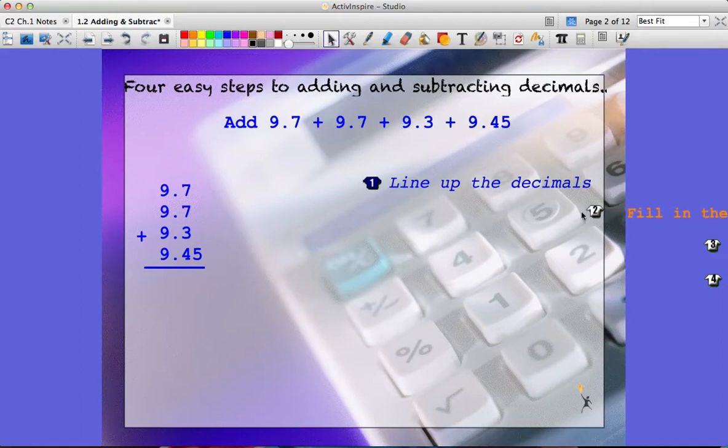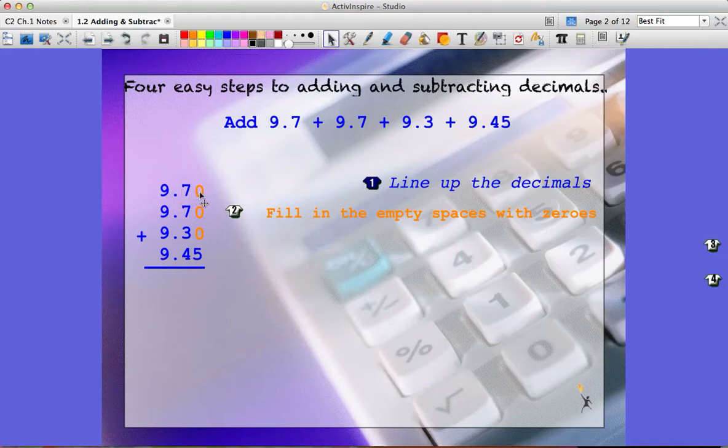The next step is to fill in the empty spaces with zeros. You'll notice right here, we have a 5 in this column, but we have nothing else. We can add zeros here, and it does not change the value of the number. Now, if we did this on the left side of the decimal, it would change the value because this would change from 9 to 90.